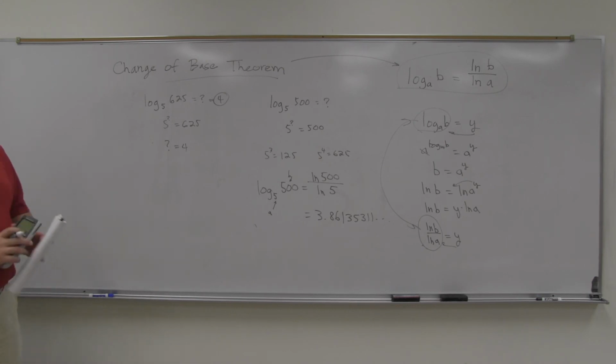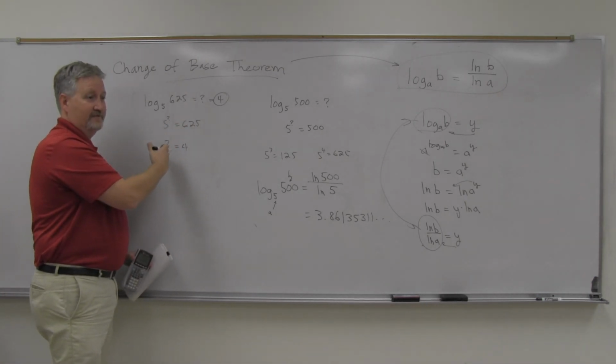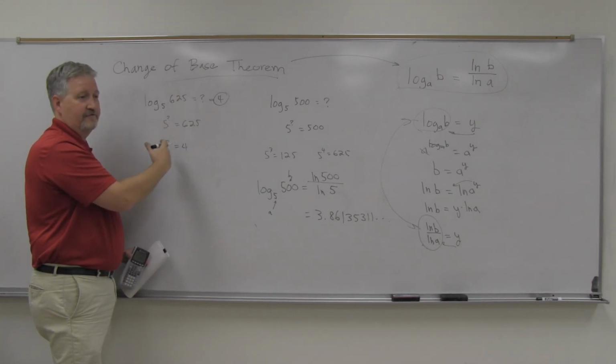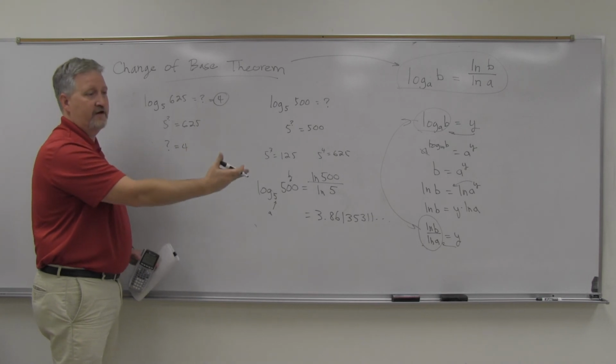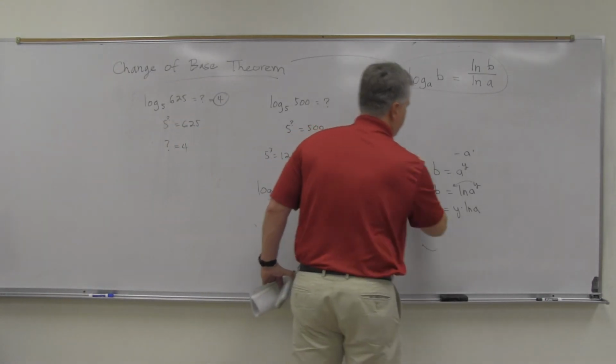So that'll work on any logarithm we can't figure out. Now, on the test, I will still want you to be able to figure out logarithms using the definition. But this gives us a way to figure out any logarithm we want.